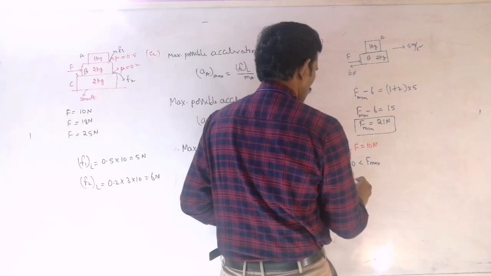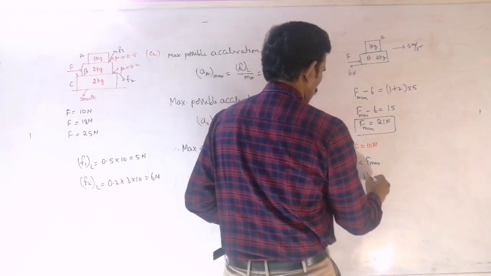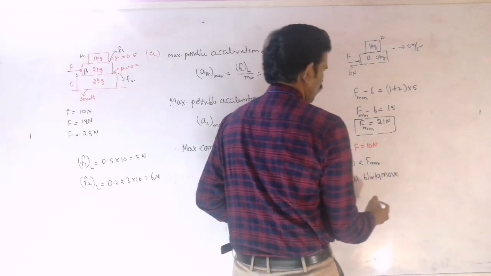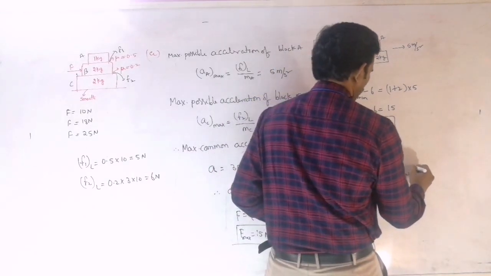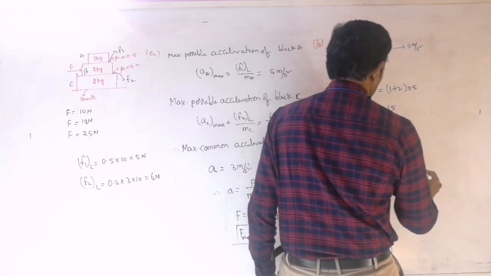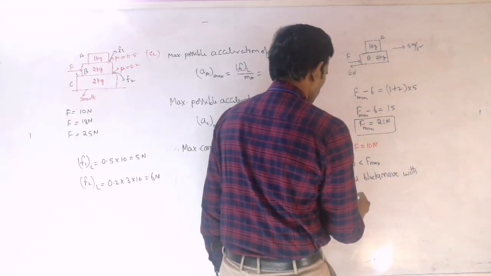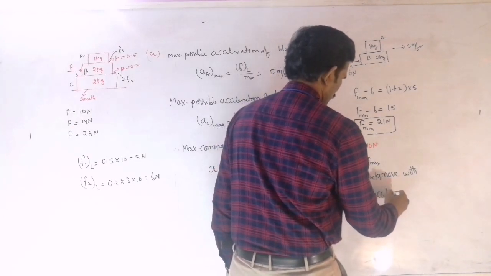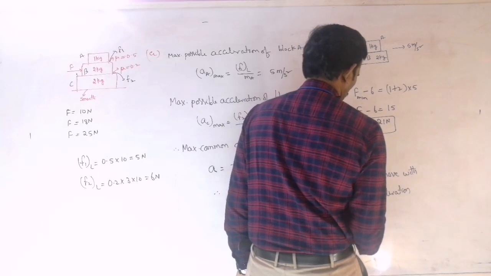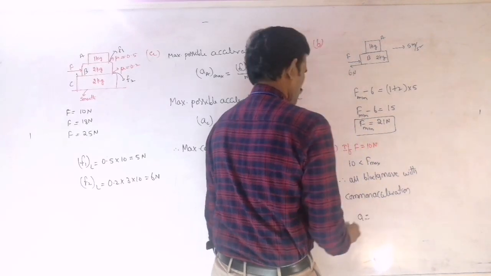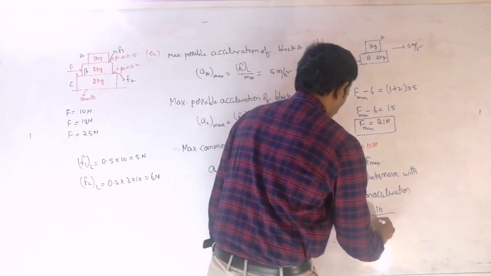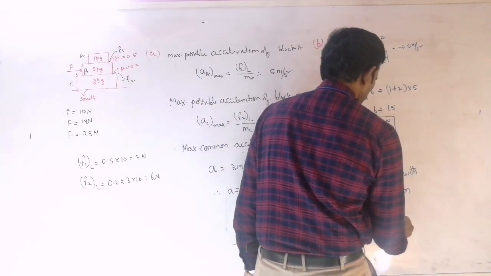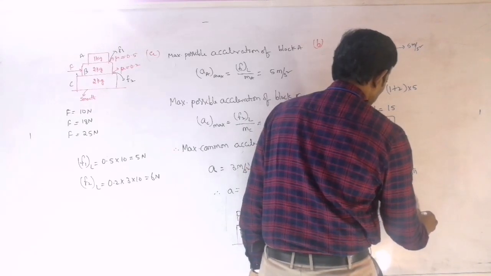Therefore what we can conclude is all blocks move with common acceleration. And therefore the common acceleration is nothing but 10 by 1 plus 2 plus 1, so this is 2 plus 2, so this is nothing but 2 meter per second square.